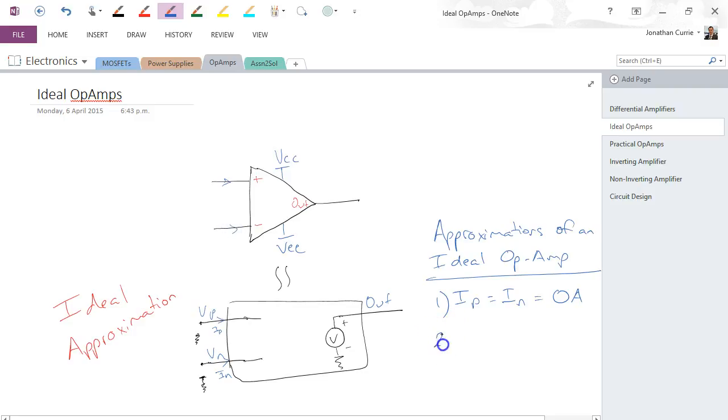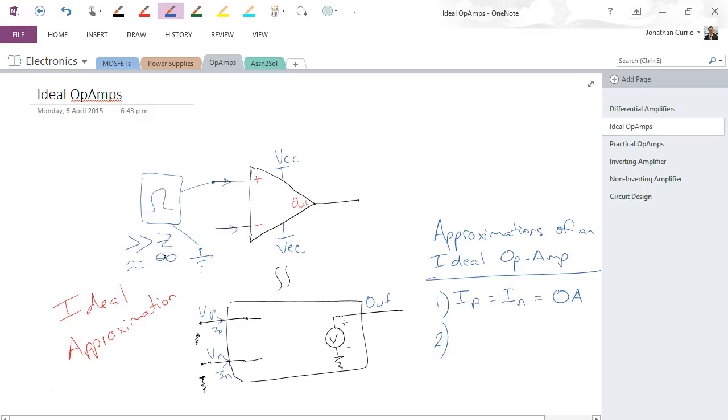From that, we can then say that the input resistance looking into the op-amp, right, so if I was to take a multimeter between here and ground, okay, so I had an ohm meter attached between those two terminals, I would see very, very large impedance, okay, approximately equal to infinity.